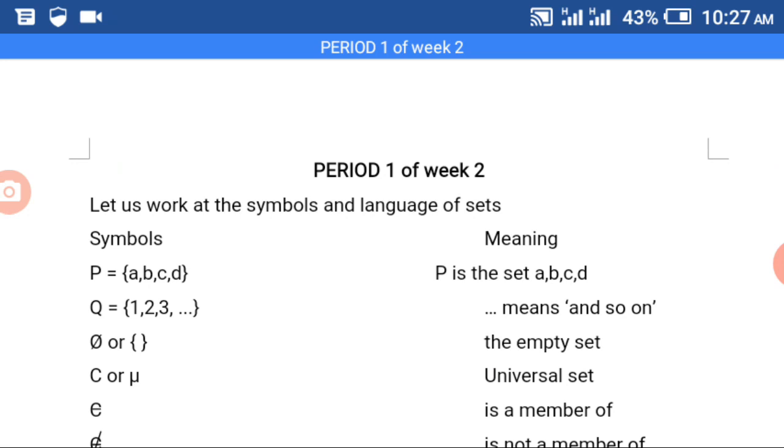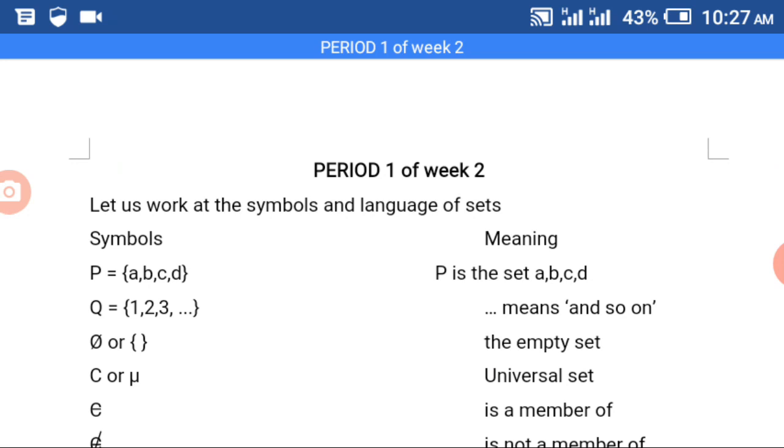In our next lesson, we are going to look at the intersection, but not to muddle everything up, so that you can understand it very well. That is why we are taking it one after the other.